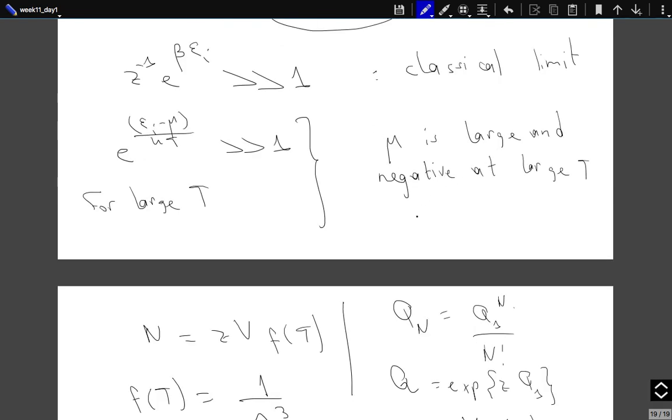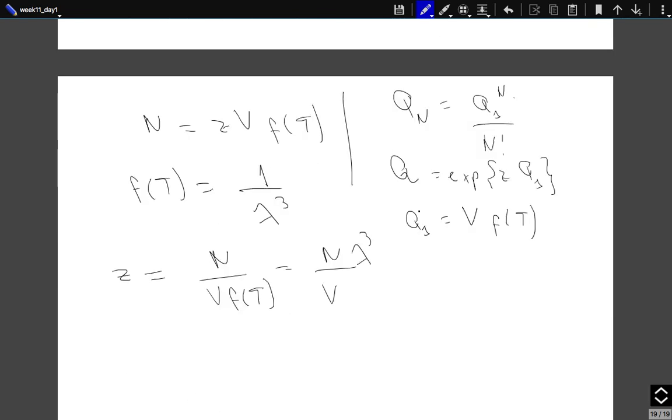You see, if mu is large and negative, z, which is e to the power mu over kT, should be much, much smaller than 1, because mu is negative.